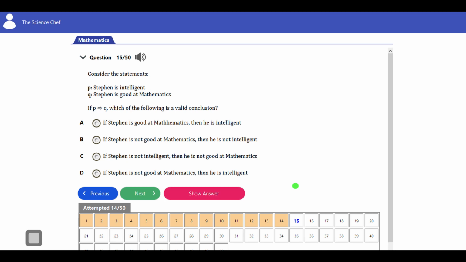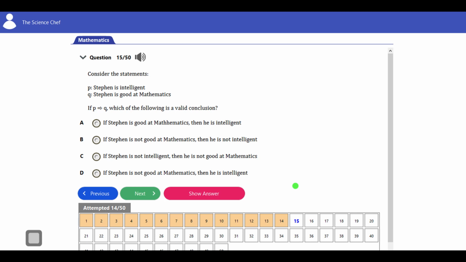So from our first option, if Stephen is good at mathematics, then he is intelligent. No. In that first statement, P is depending on Q. That's not what the expression means. B says if Stephen is not good at mathematics, then he's not intelligent. Nope, that's not it. C, if Stephen is not intelligent, then he is not good at mathematics. That's more like it.